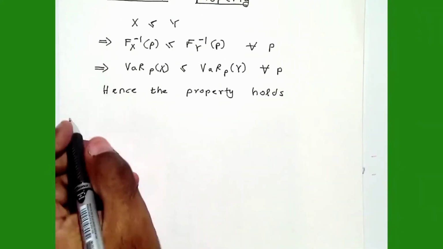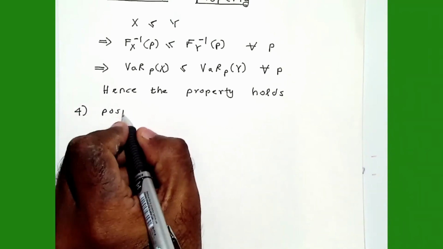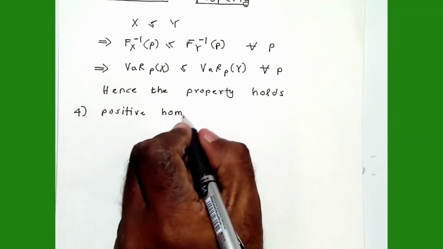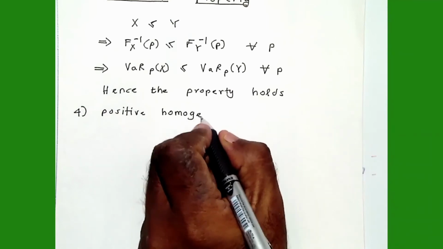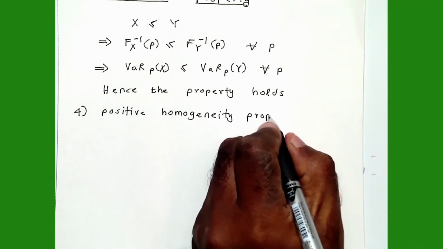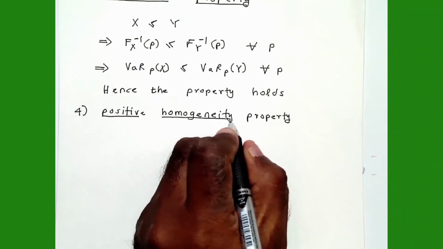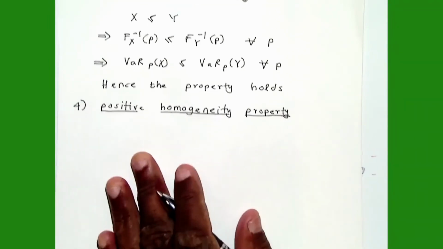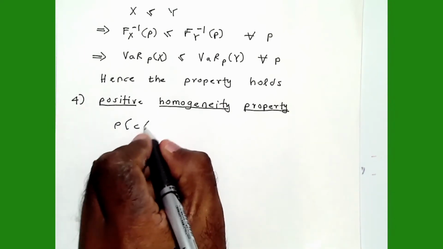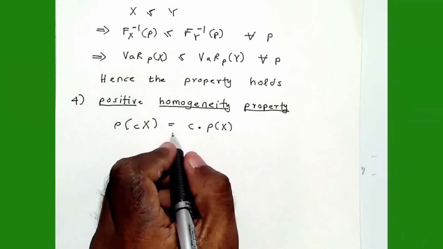All right, number 4, the fourth property is the positive homogeneity property. Right, which says the following, that rho at Cx is the same as C times rho at X, where C is a constant.